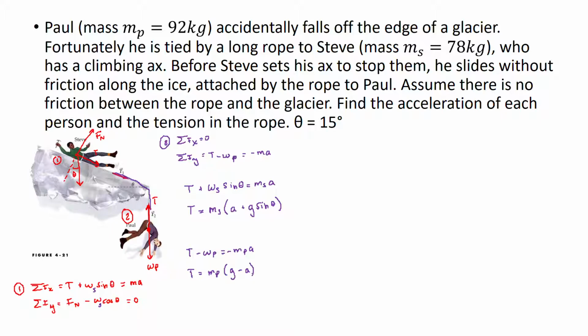From there, we just equalize these two equations. So we can say the mass of Steve times acceleration plus gravity sine of theta is gonna be equal to the mass of Paul times gravity minus acceleration.